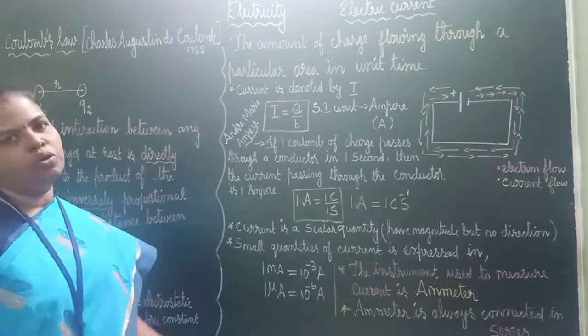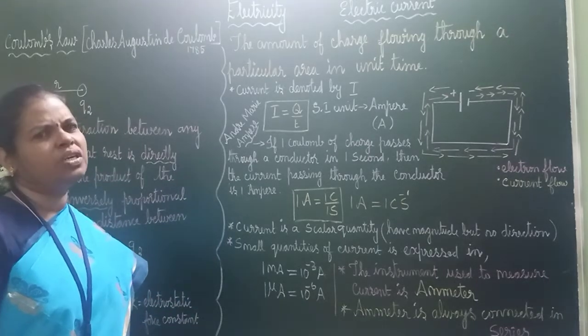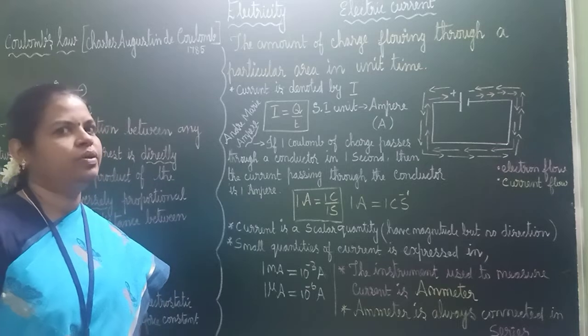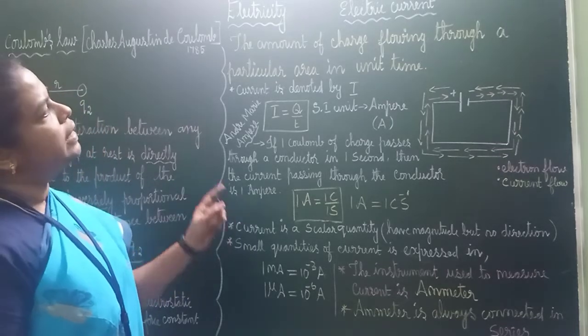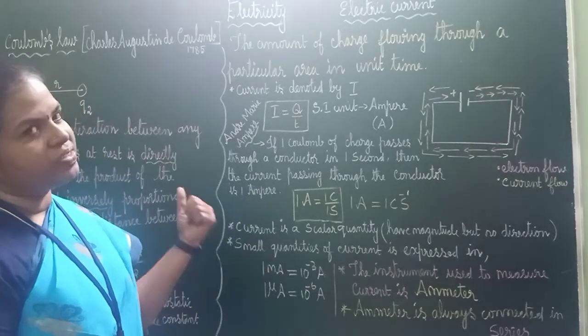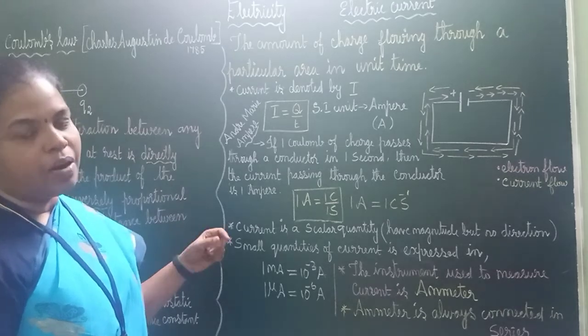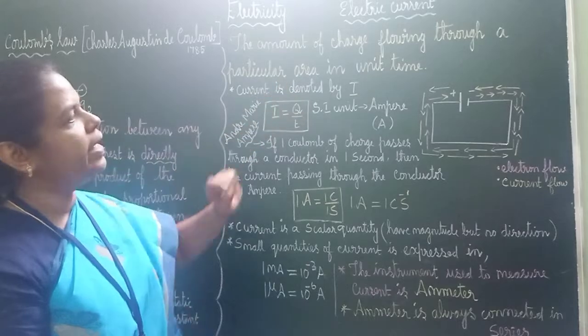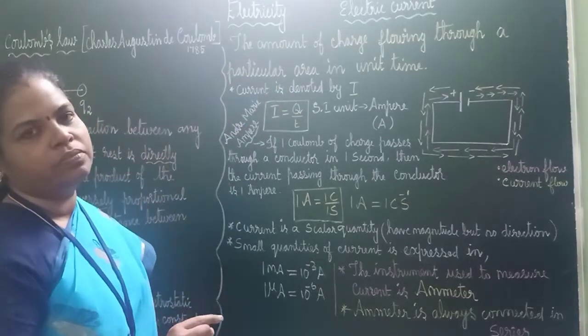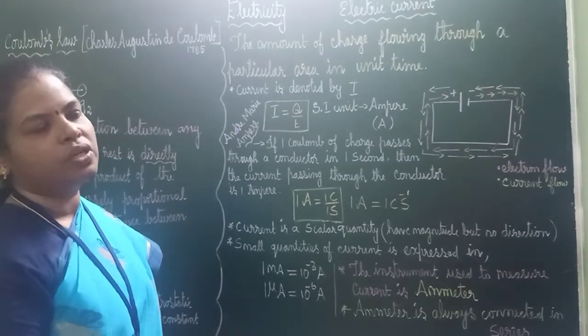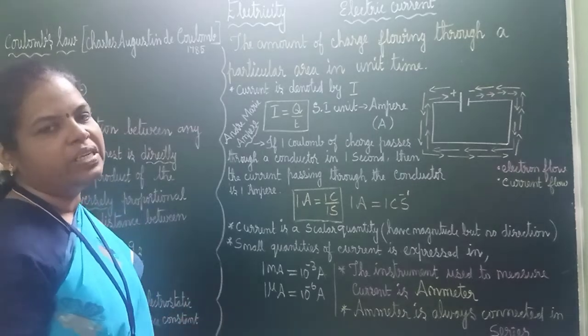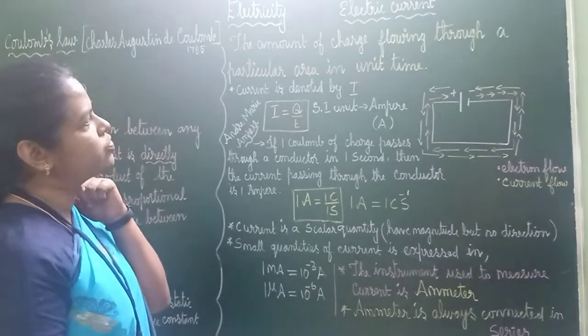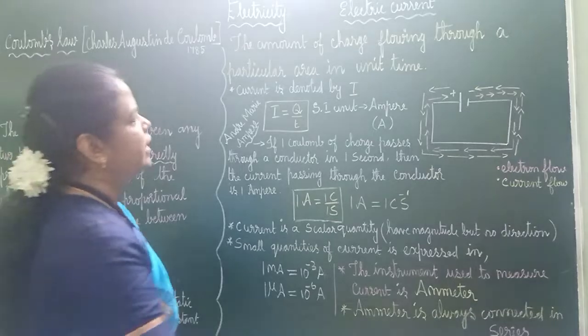Now we will study about electricity. What is electric current? First we should study what is electric current. We have studied about charge now. The amount of charge which is flowing through a particular area in unit time, in a particular time, like 1 second or 1 minute, if it is flowing, that is called electric current.